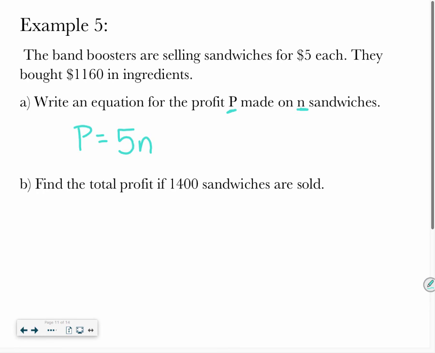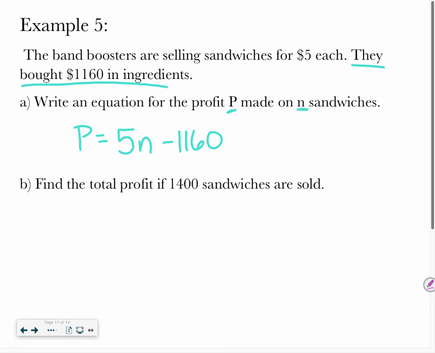And then I have this bit of information here. They bought $1,160 in ingredients. So if I spent that money, is that still part of my profit? Am I making that money? No. So instead of adding $1,160 on, I have to subtract it, because that's how much money I had to spend in order to start this.